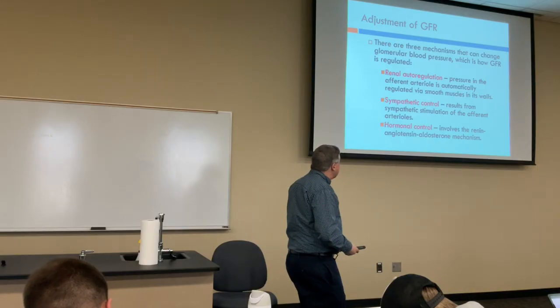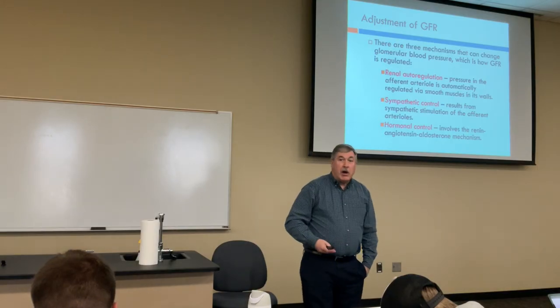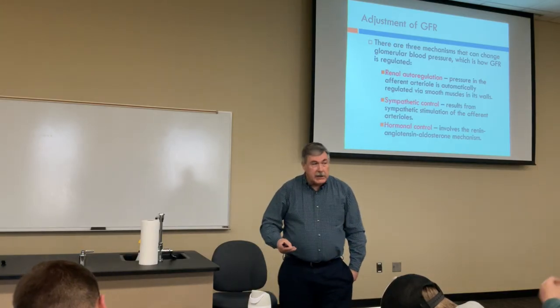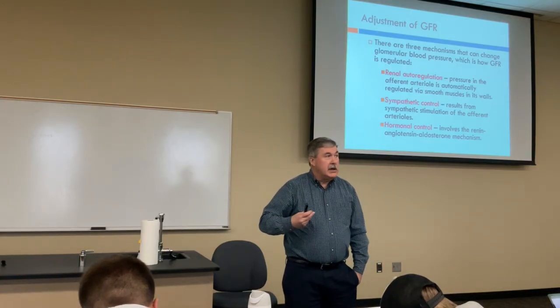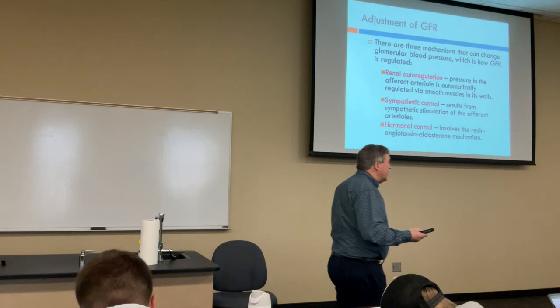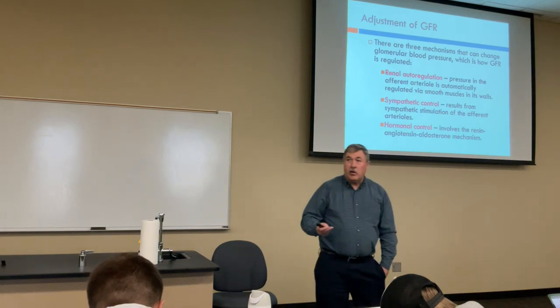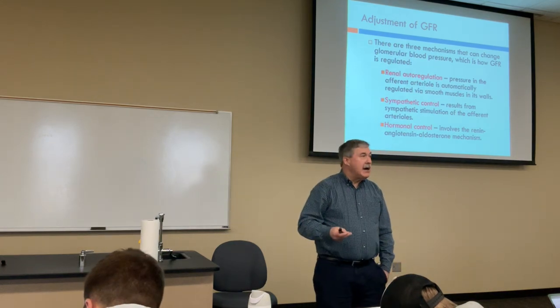The first is renal autoregulation. Renal autoregulation regulates GFR in the short term. And it's actually a way that the afferent arteriole controls its own diameter.